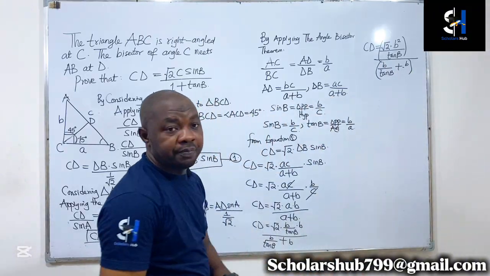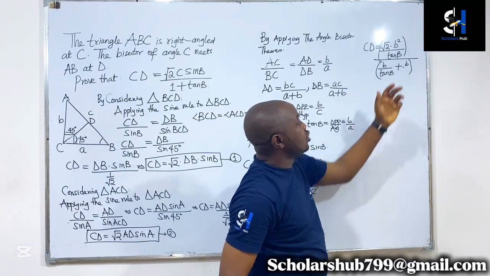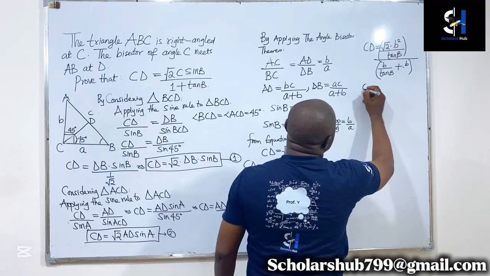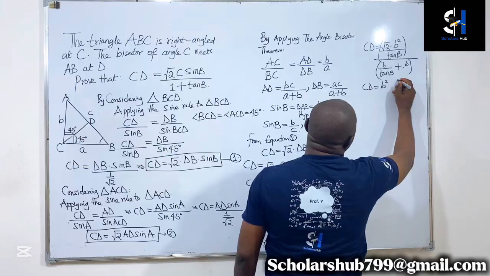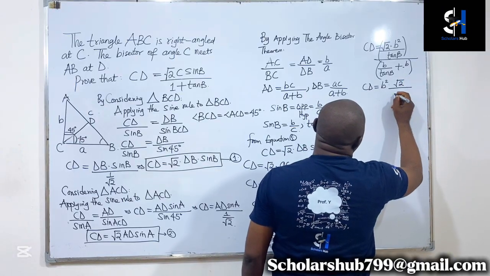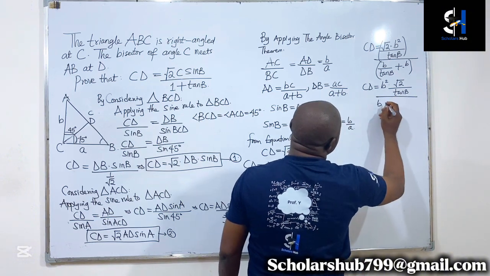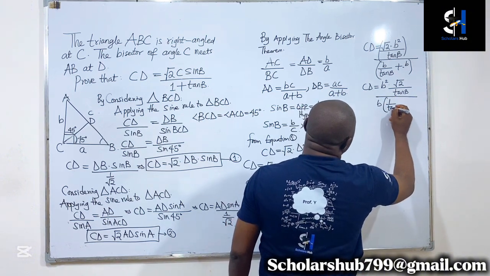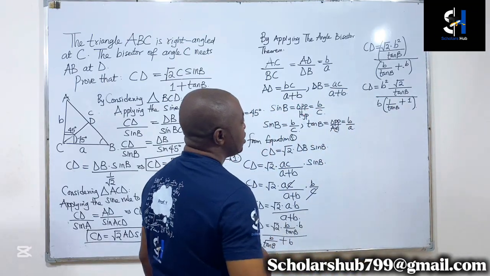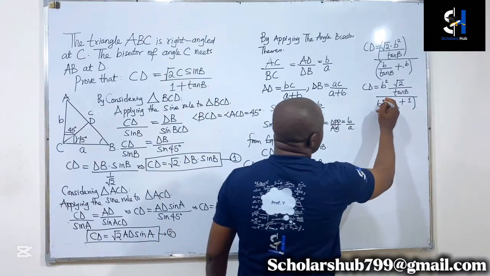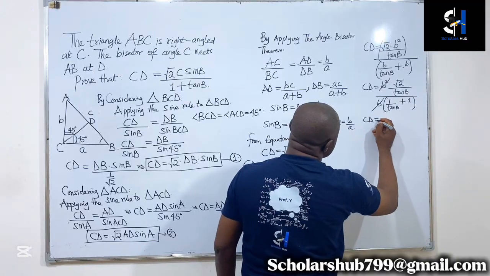All right, now let's factor out B in the denominator because it is common. So we can have CD equal to B squared multiplied by radical 2 over tan B, divided by, if I bring B out, 1 over tan B plus 1. So B will cancel B, we have B remaining.